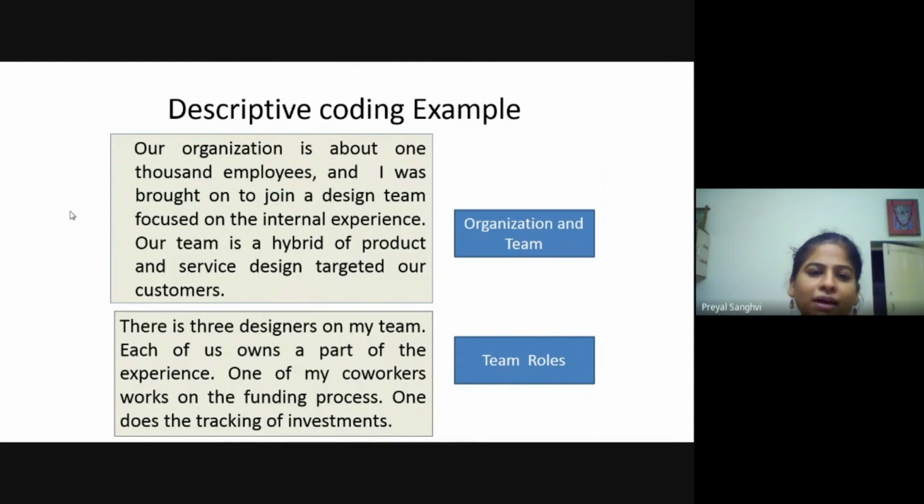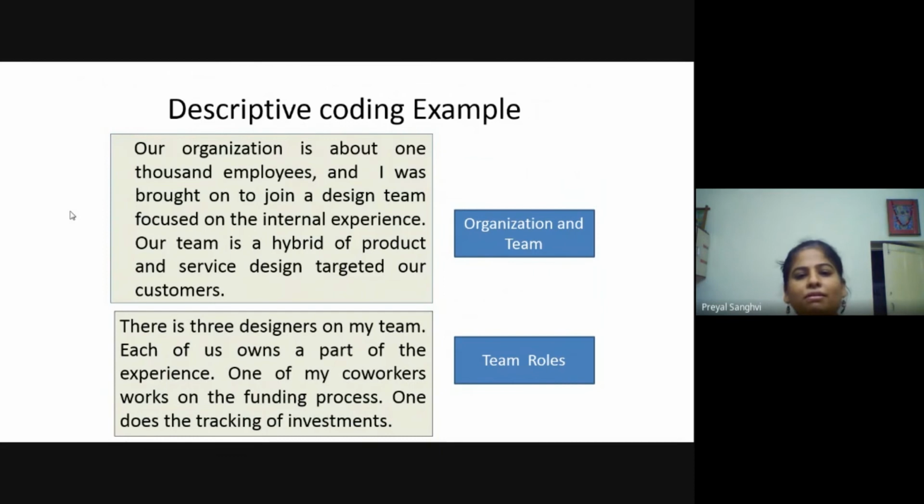Our team is a hybrid of product and service design targeted at our customers. So basically this paragraph is describing the organization and team. That's why we have coded this paragraph as organization and team.